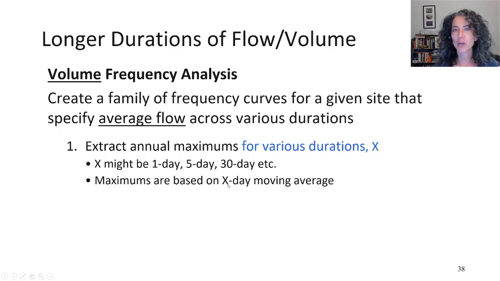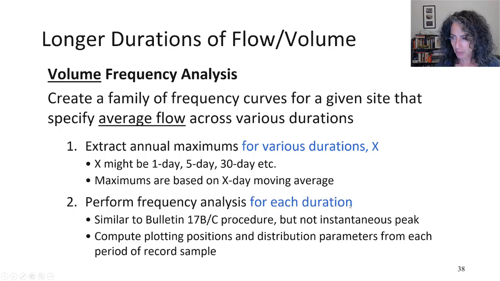So for the 5 day, we'll do a 5-day moving average across our entire period of record, and then we'll go through and extract the maximum 5-day average from each year, to build a data set of the maximum 5-day averages. We'll have a data set like that for each duration, and then we'll just do a frequency analysis on each duration. If it's unregulated flows, then perhaps we'll just do a Bulletin 17B and C type procedure.